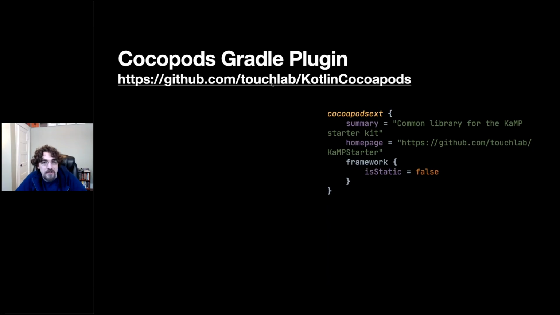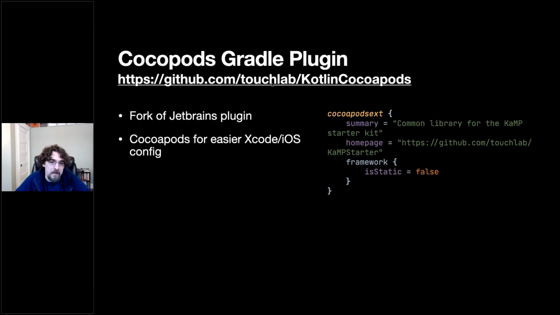a version of the CocoaPod Gradle plugin. This is a fork of the official JetBrains plugin. Generally the philosophy around CocoaPods is it uses a bunch of the iOS integration configuration. Without that, you have to manually set up your frameworks and set up a Gradle task to copy that framework over to Xcode.